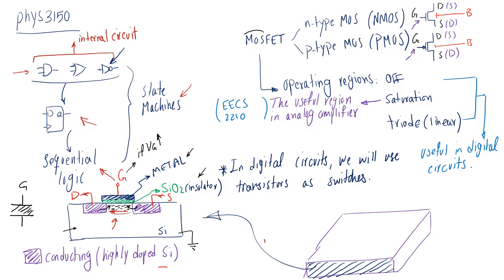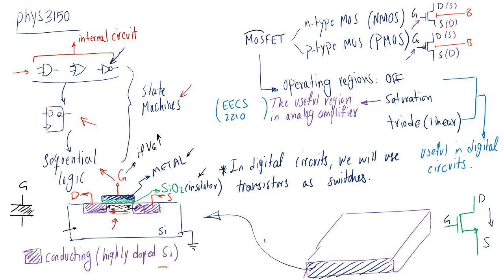So again, if I want to show it based on the symbol, if this is your transistor, this is your gate, the gatekeeper, and then we have drain and source. Because the electrons are going from source to drain, the current is actually always drawn from drain to source.